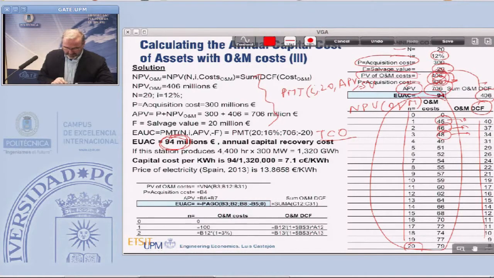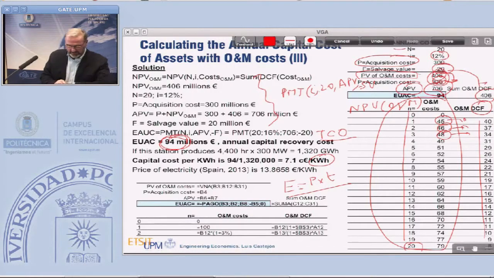So let's calculate the cost of production per kilowatt hour of energy produced. As you know, we as electricity consumers consume energy, which has a time unit. So this is equal to the power times the period of time used.